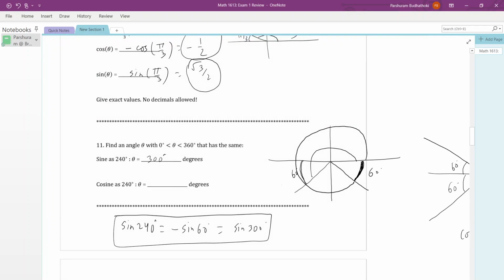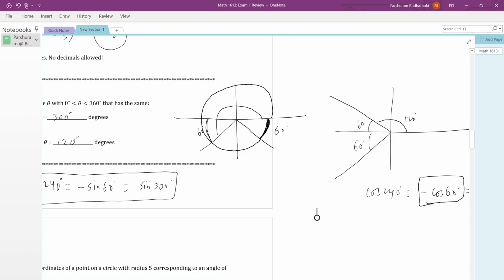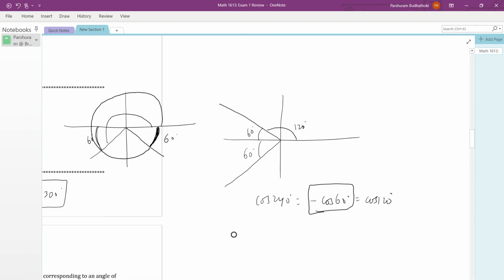For cosine 240, we need to find an angle which gives you the same value. So cosine 240 and cosine 120 degrees both give you the same reference value, as you can see here: cosine 240 degrees is equal to negative cosine 60, and cosine 120 is also negative cosine 60.